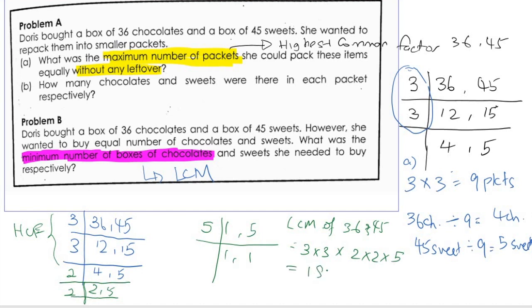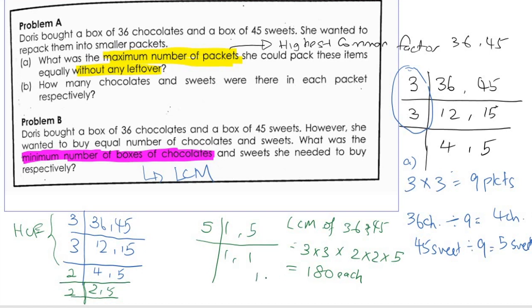You get 180 each. So the number of boxes of chocolates and the number of boxes of sweets you can easily find from this.